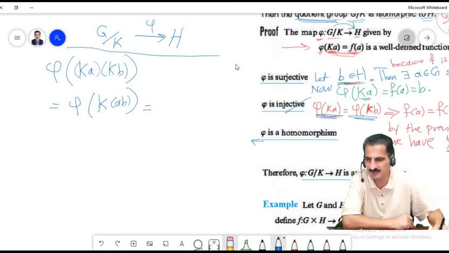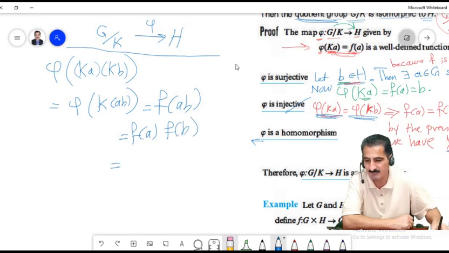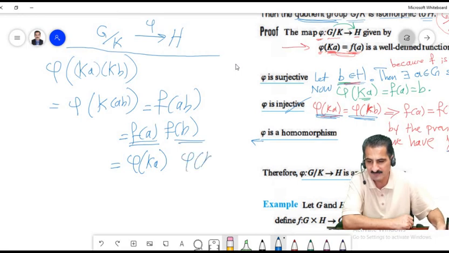But what is phi of Kab? It's F of ab according to the definition, which means it is F of a times F of b, because F is a homomorphism. Now we go the opposite way: this is phi of Ka, and this is phi of Kb.